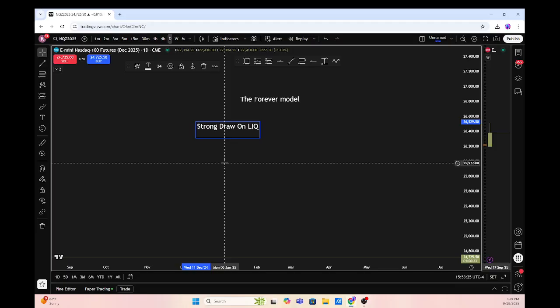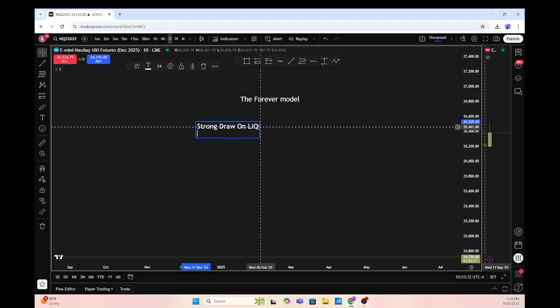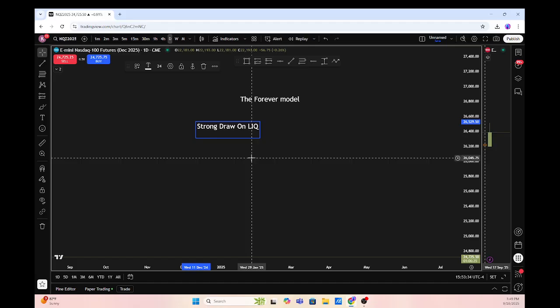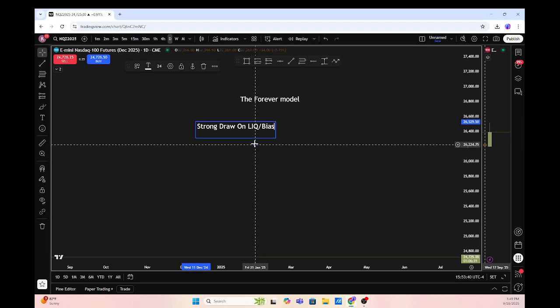Because if we don't know where price wants to go, if we don't have a strong bias, then there's no reason to even trade because you're just gambling at this point. You're just guessing, right? So first thing you want is a strong draw on liquidity.